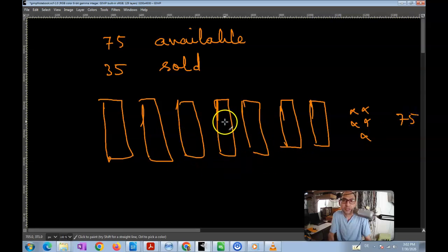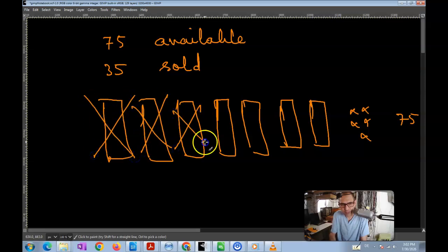And when you sold 35 of them, that means you actually lost 35 of them. So 35 of them I have to take away. I will take away, for example, this 10 and this 10 and this 10. So 3 times 10 would be 30. So I take away 30 of them plus 5 of them. So I will take away all of these as well.